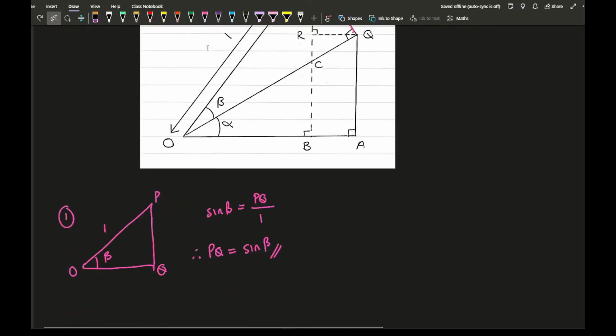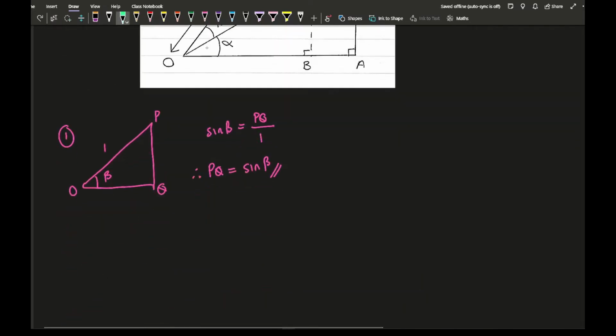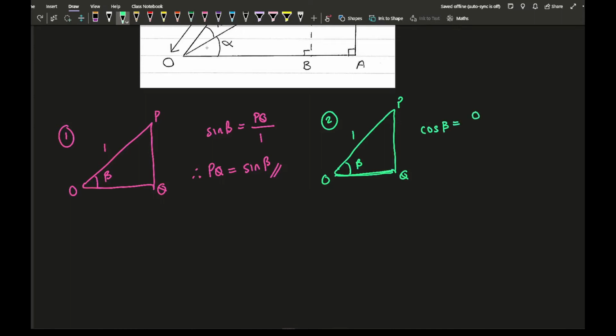Now the next thing I'm going to find, number 2, is work out what O to Q is. So again, I'm going to draw a triangle taken from that mega diagram. So I've got P, I've got Q, and I've got my angle, which here is beta. I've got 1, and this is O. And what I'm trying to find is what this length here is going to be, O to Q. So for this, cos beta is going to equal O to Q over 1.